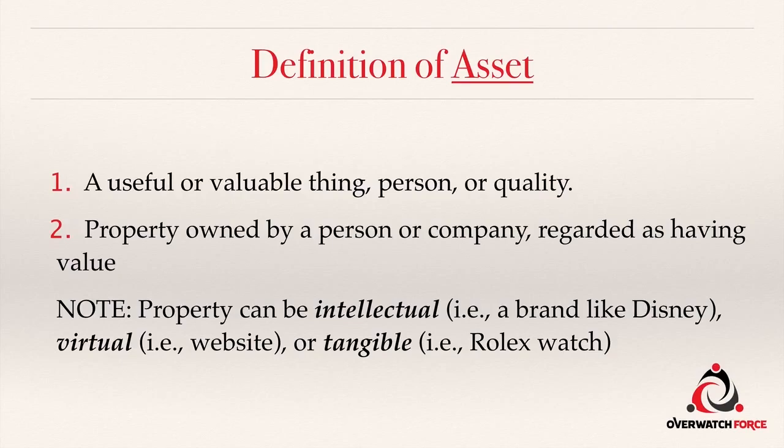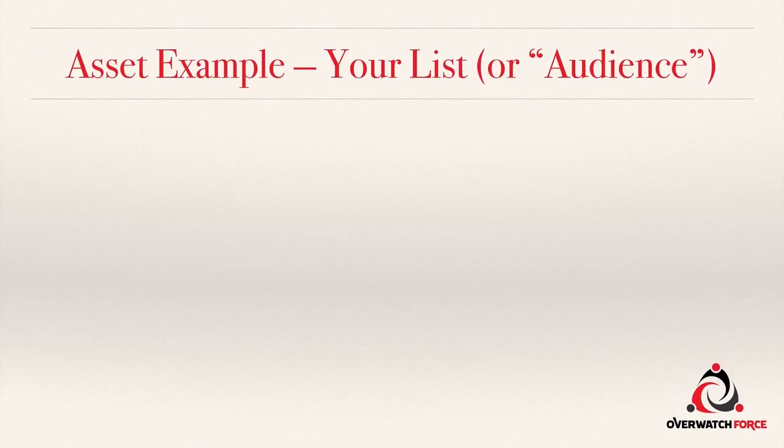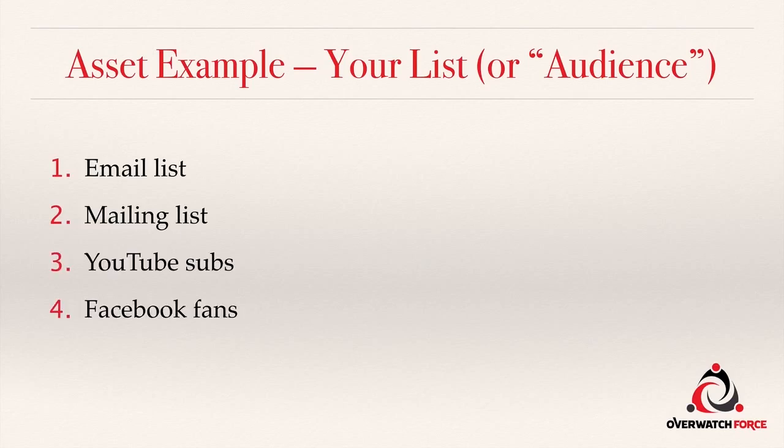Now, I realize some of this is kind of cerebral and cognitive and kind of hard to get your head wrapped around, but just stick with me, okay? I'm going to give you some really concrete, tangible examples of all this stuff, but I need to get the definitions out of the way first. Here's an asset example. Your list, okay, or your audience. It can be an email list, a mailing list, YouTube subscribers, Facebook fans, or Twitter followers, okay? Any of those are your list.